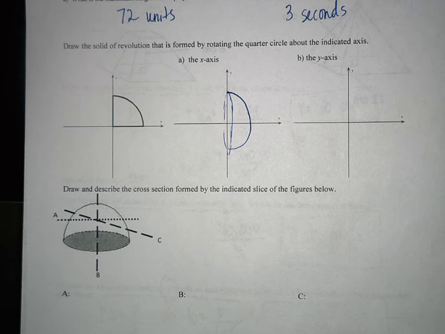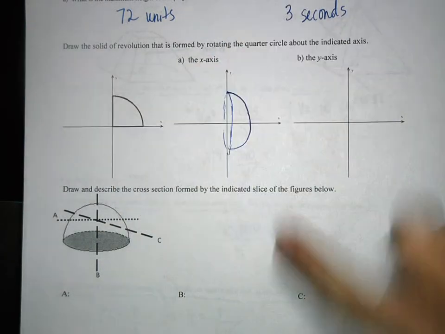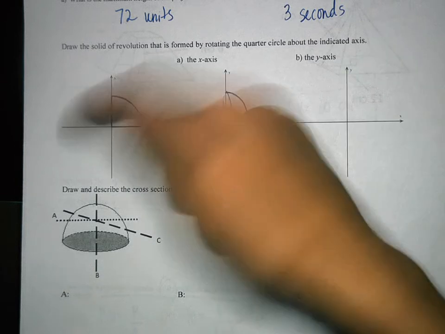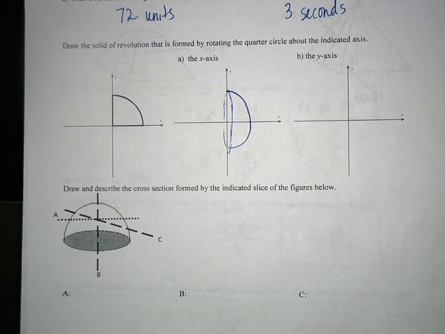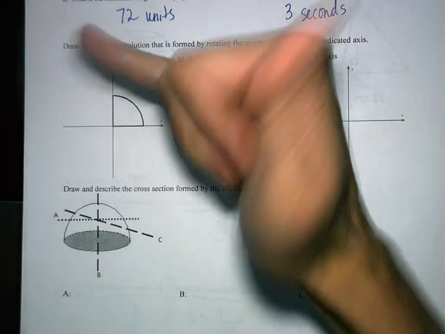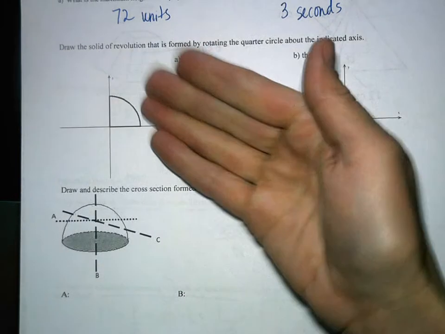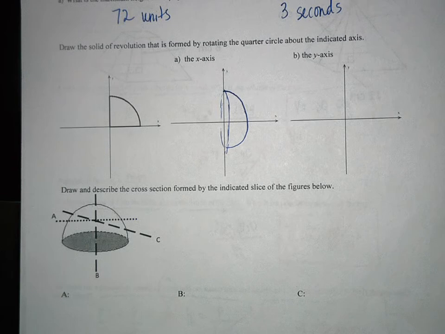I'm trying to think if I have something shaped that way. But so you have this quarter circle. If you're rotating it around this way, does that make sense why you'd have another half circle here? Okay. So it just creates another part. And think about this, if it's coming out, you know what I mean? It's going to end up making like a half of a solid circle as it rotates.